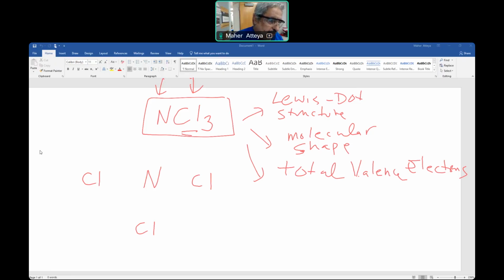Nitrogen has 5. So I put nitrogen here, it is 1 here, 1 here, 1 here, and 2 with each other. Those are 5, correct? Group 15 or 5A. If you look at the periodic table, nitrogen is in group 15, or 5A. Chlorine is in group 17 or 7A, so we'll have 7.